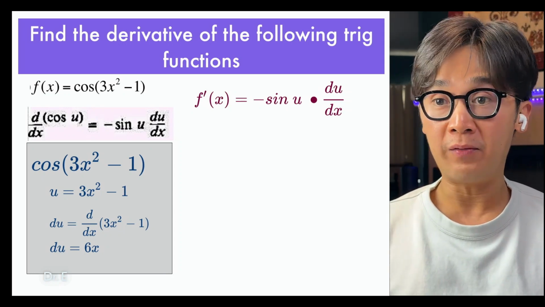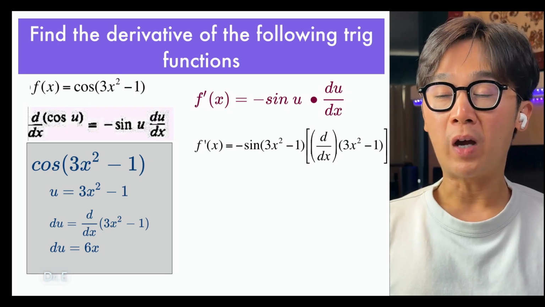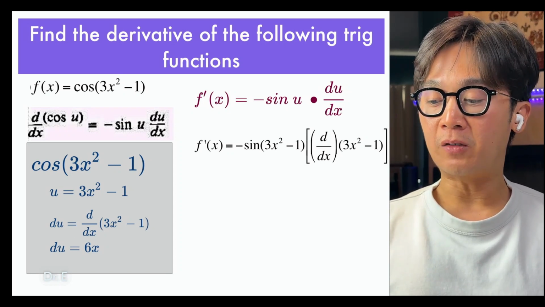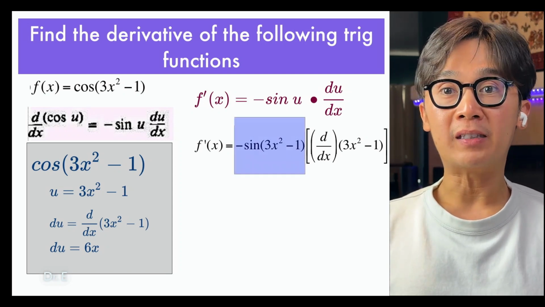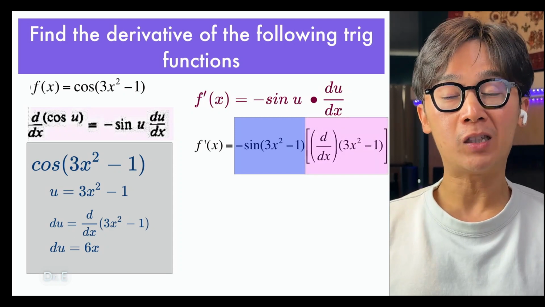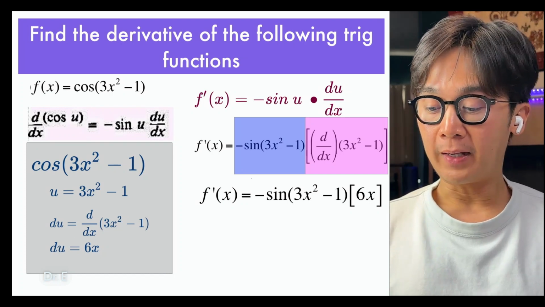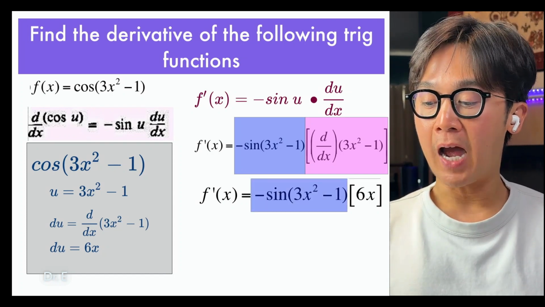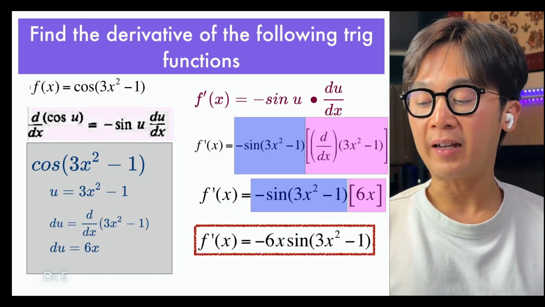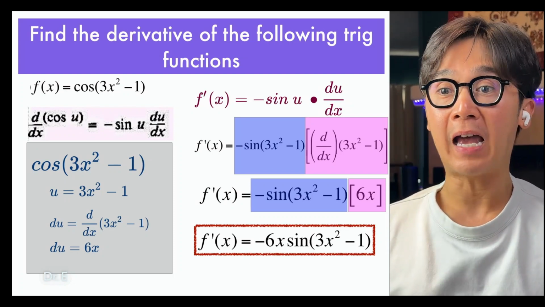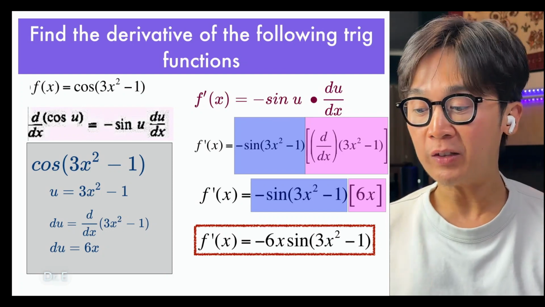So f prime of x is negative sine of the quantity 3x squared minus 1 times the derivative of 3x squared minus 1, which is 6x. The first part is our main function and our sub-function, and by simplifying using algebra, f prime of x is negative 6x sine of the quantity 3x squared minus 1. And this is how we find the derivative of a trig function using the chain rule.